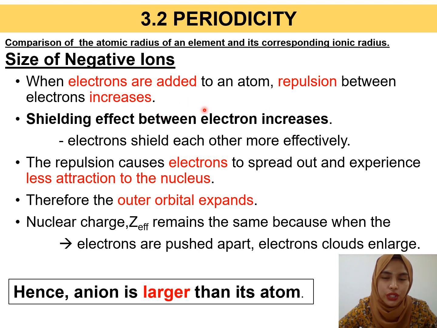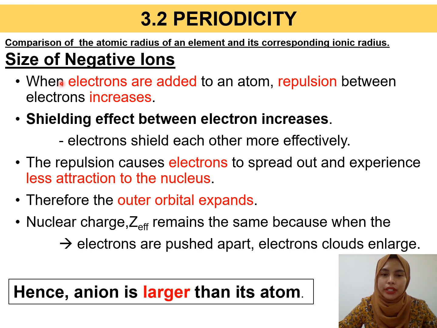So when repulsion increases, therefore the shielding effect between electrons also increases. So when the shielding effect increases, it affects the attraction between the nucleus and the valence electrons. Because of this repulsion, because the shielding effect increases, electrons become less attracted to the nucleus. They become less attracted, so they move further and further away. Therefore the outer orbitals will expand. Alright.